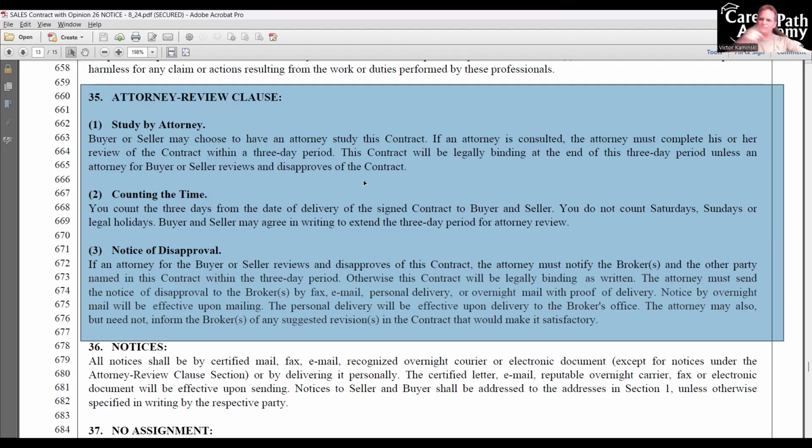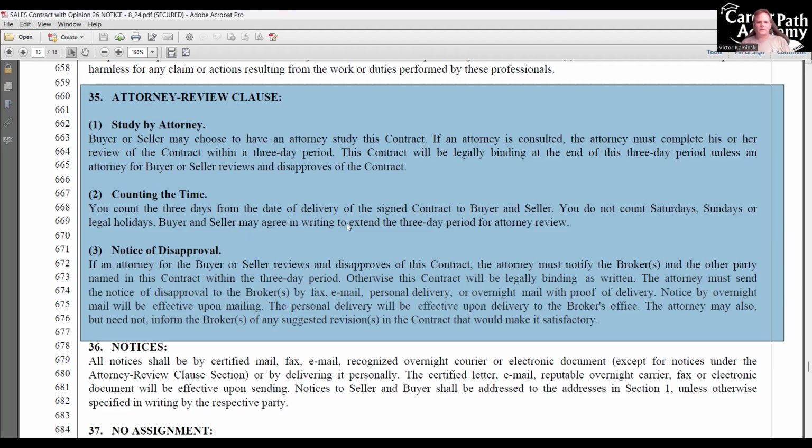And they could go back and forth like that. It's just that each side has 3 days to respond to the previous ones. Now, if they both agree, they could lengthen that 3-day period of response time, or they could halt the attorney review until the happening of a certain event, like getting approval from a court or something of that nature.